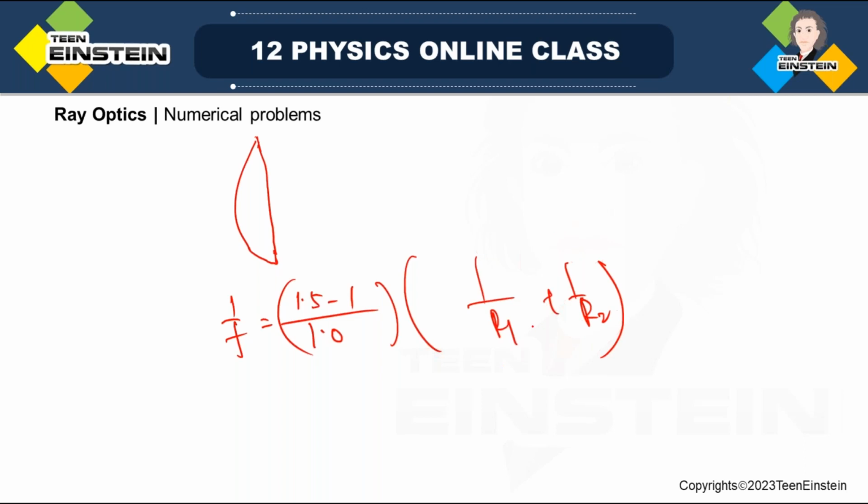This here will be minus, but in this case we have to check what the parameters are. See here, this is this side, so R1 will be negative, minus 14.